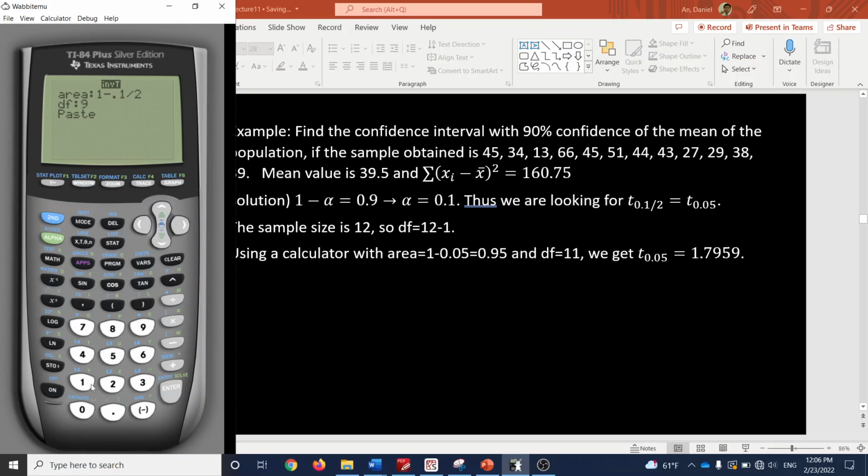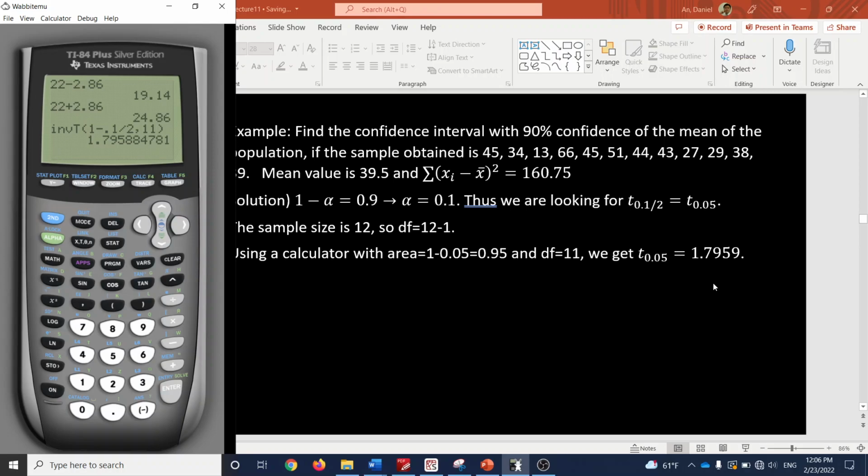And the degrees of freedom is now 11, because 12 minus 1. So we paste it and we get 1.795 or 1.796. Okay. So I wrote it as 1.7959.